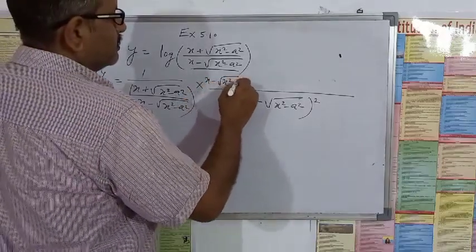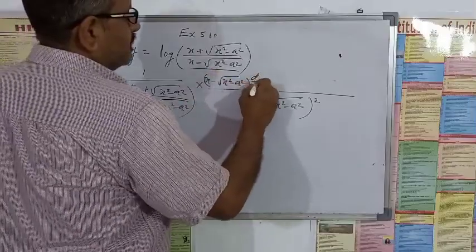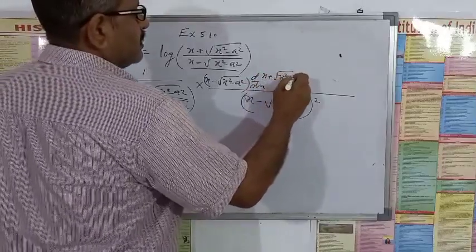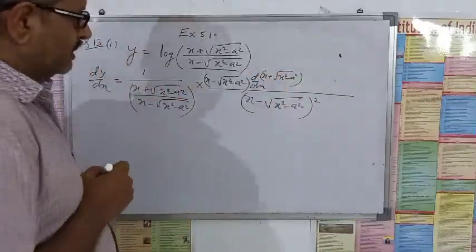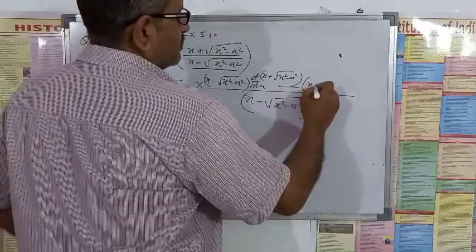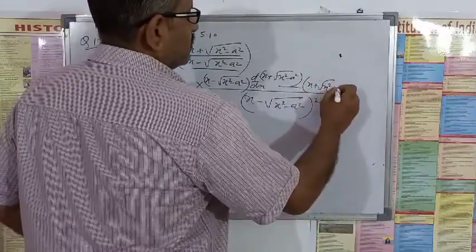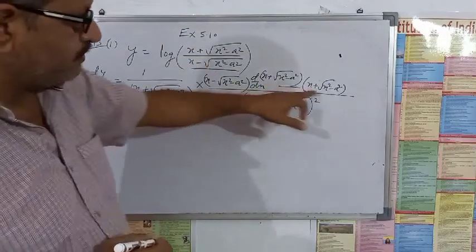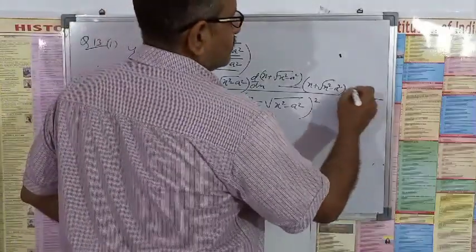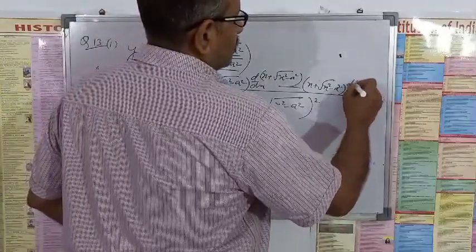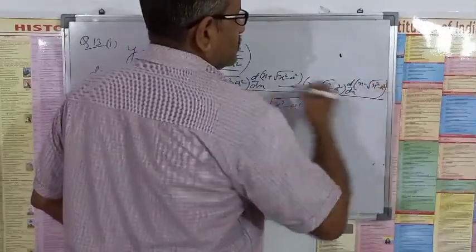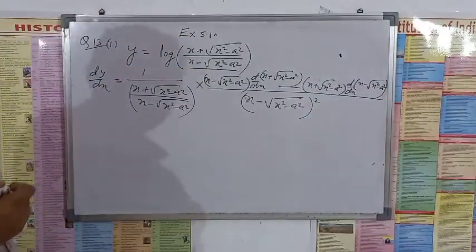Denominator into derivative of numerator x plus root x square minus a square minus numerator x plus root x square minus a square into derivative of denominator, into dy dx of x minus root x square minus a square.